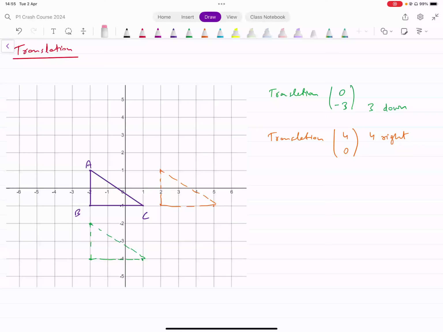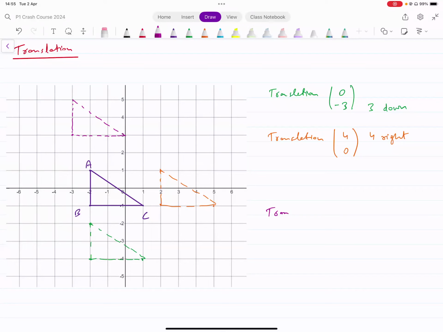Now, what if I told you this diagram basically moves to some point here, let's say. Can you figure out what transformation this is? What translation would this be?